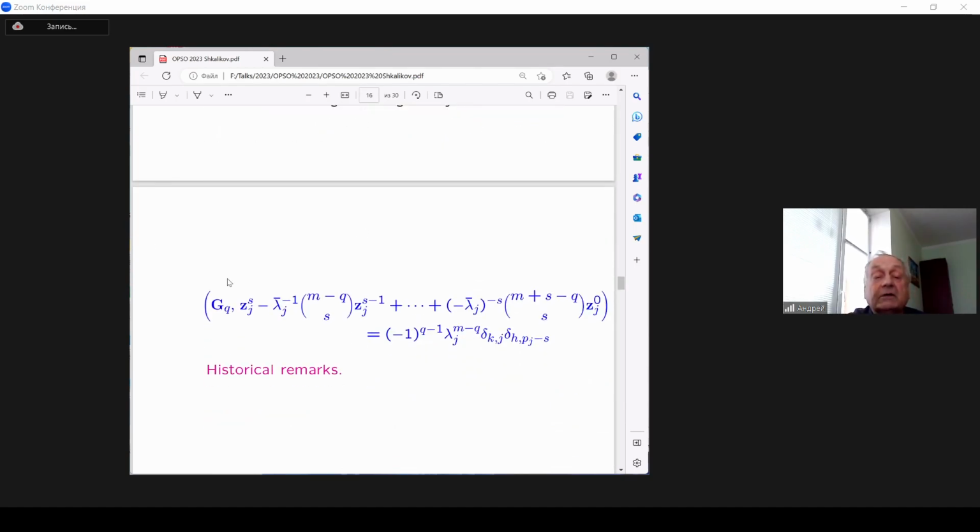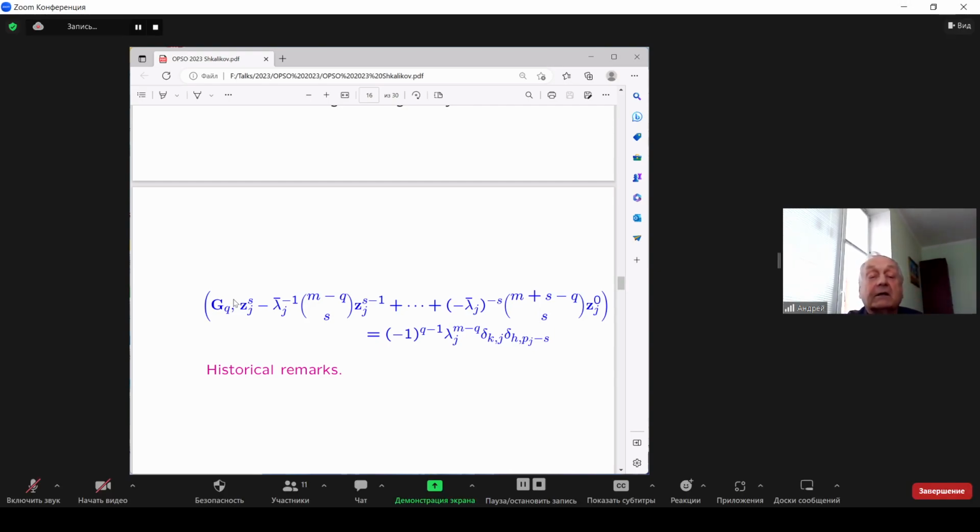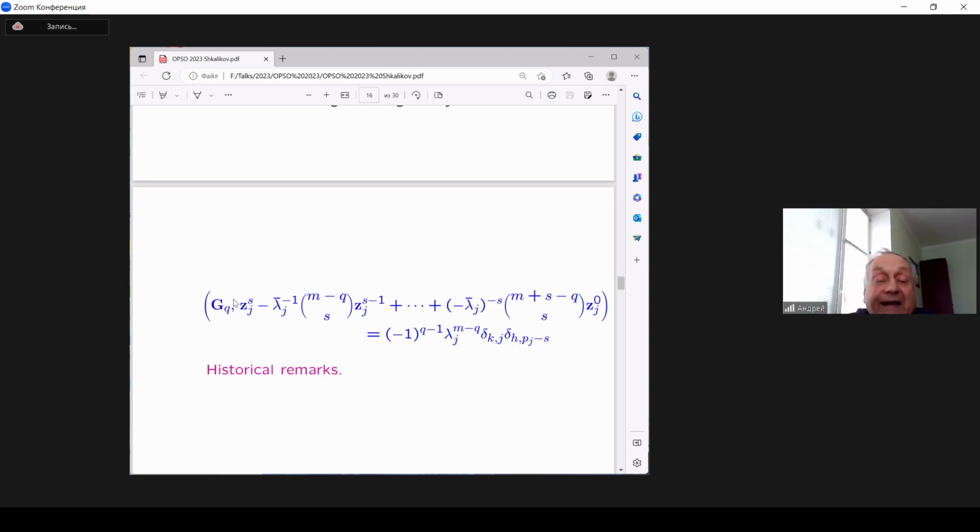G_Q, or here I missed G_Q, applying to y_j, y_k, here the operator G_k is applied to the y with h upper index and j and k lower index.